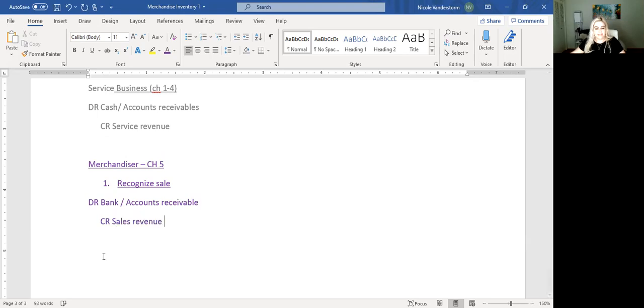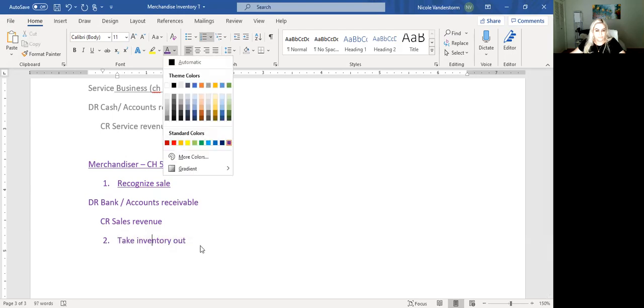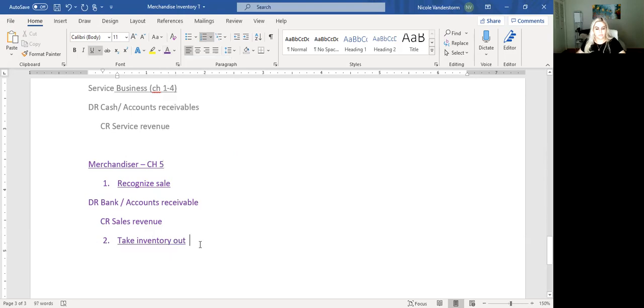All right, and then the second step of the process is that we have to take the inventory out. So that's going to be our second journal entry. And what that's going to look like is a debit to cost of sales. So you're going to debit cost of sales.